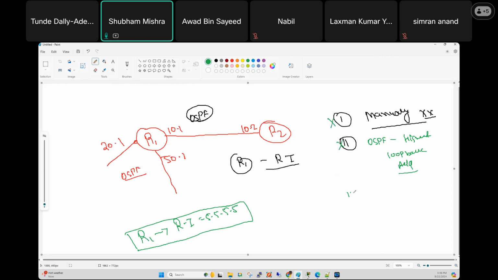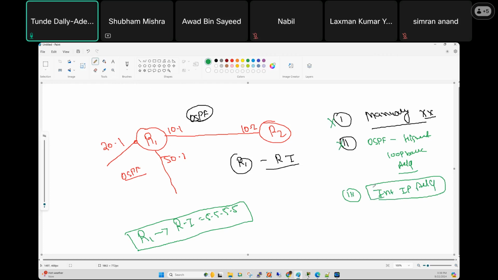The third thing the router checks is the highest interface IP address. If you do not configure these two, then the router will check the interface IP address. Now on R1, how many IP addresses did you configure? 10.1, 50.1 and 20.1. Tell me, which IP address is the highest? That is 50.1.